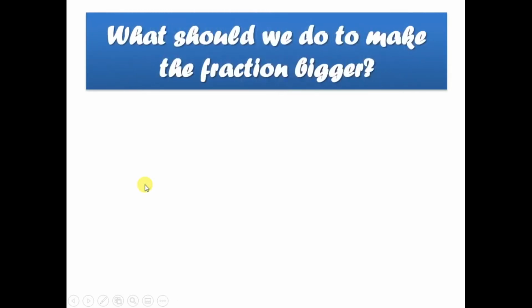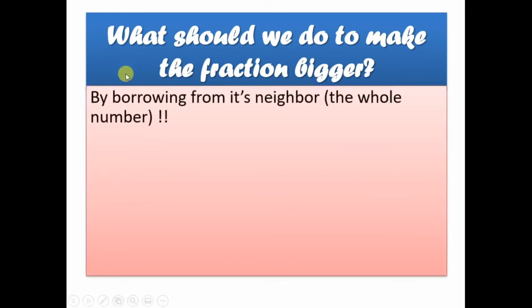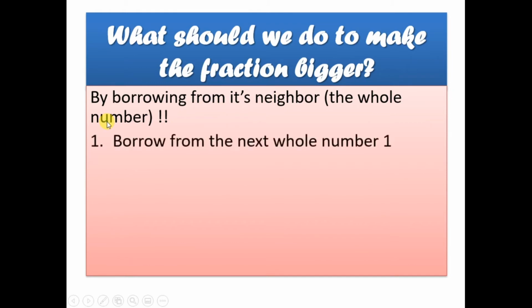So, what should I do to make the fraction bigger so I can subtract from it? By borrowing from its neighbor. Its neighbor is the whole number on the left side. So, the first step is to borrow from the next whole number, 1.